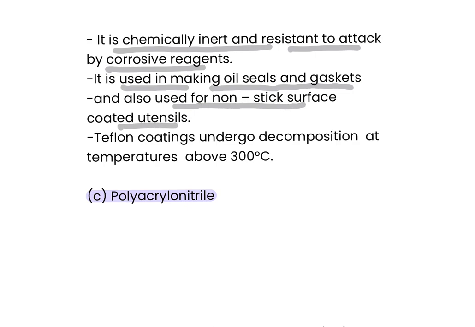Non-stick cookware, you know, is in our household. Next, Teflon coating undergoes decomposition at temperatures above 300 degrees. Anyway, at high temperature any compound will decompose. That's why these are not that preferable for cooking, but nowadays it is used for non-stick purposes, though try to reduce non-stick cookware.